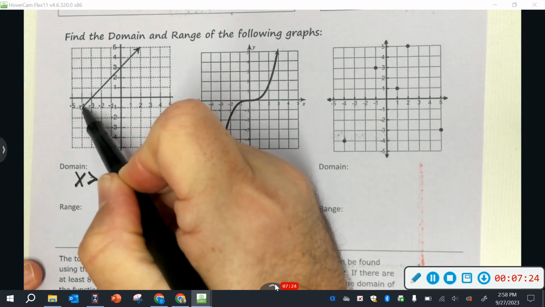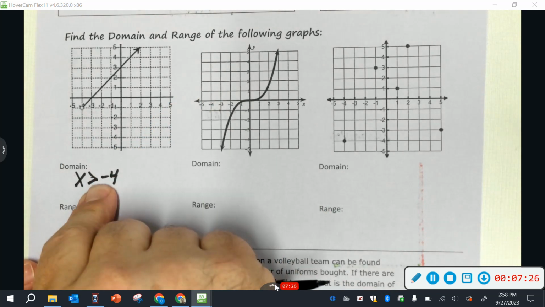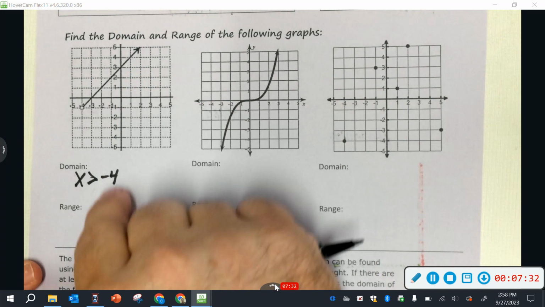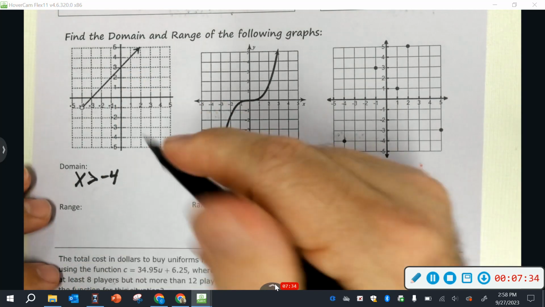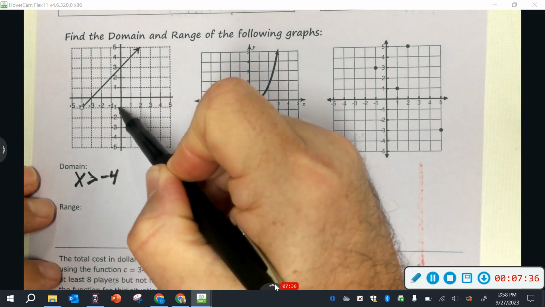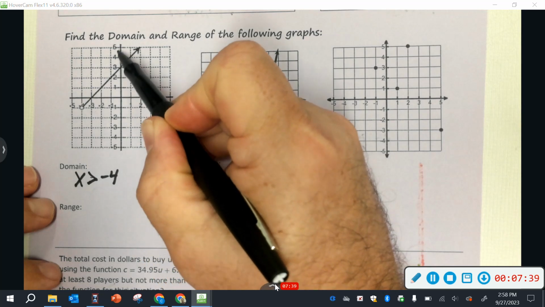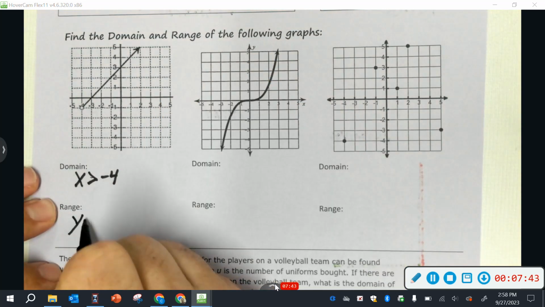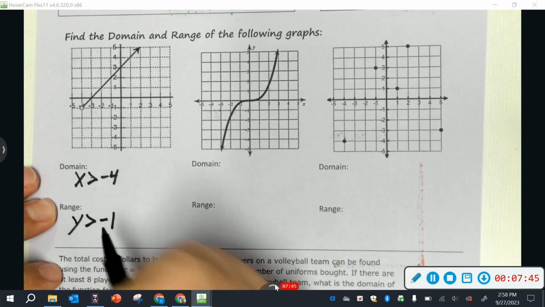Notice it's an empty dot, so we're just going to use the greater than. So again, all x values greater than -4, that's how you would write it. And then the range is going to be all y values greater than -1. Again, it's an empty dot, so we're just going to go y greater than -1.